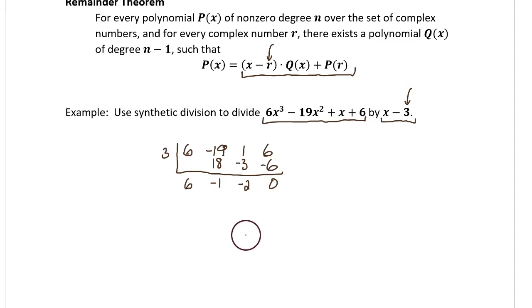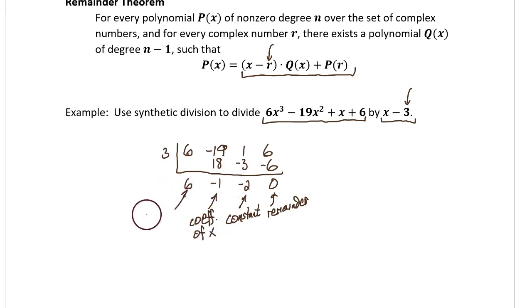Let's write our answer down. To do that, we need to translate this list of coefficients back into polynomial notation. This last number is the remainder. This number here is the constant term. This number here will be the coefficient of x.